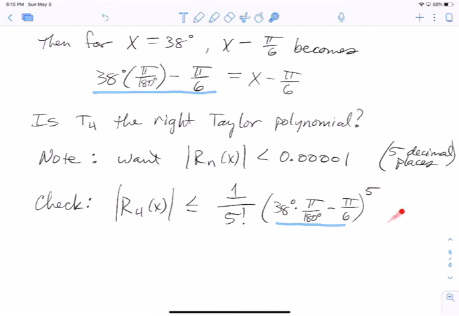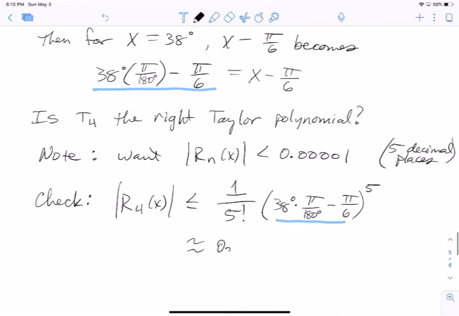And this is the result of work that we did in video 11.11b. This, as a calculator approximation, turns out to be 0.000000442.